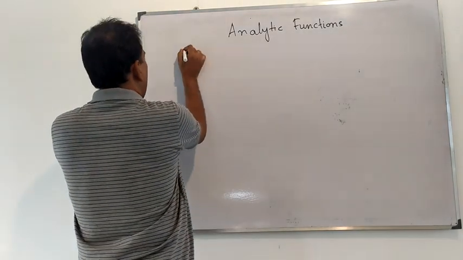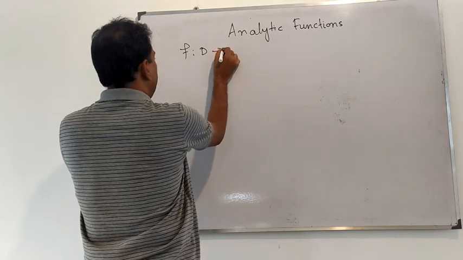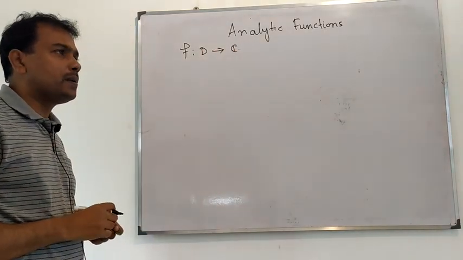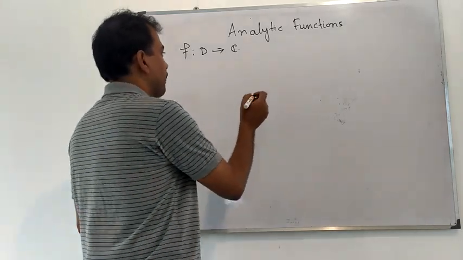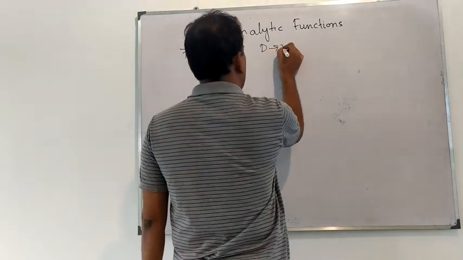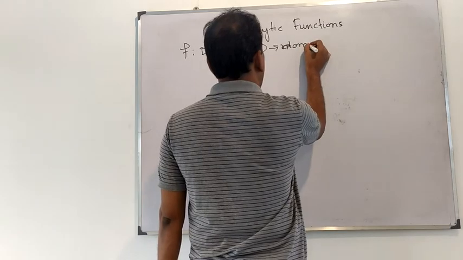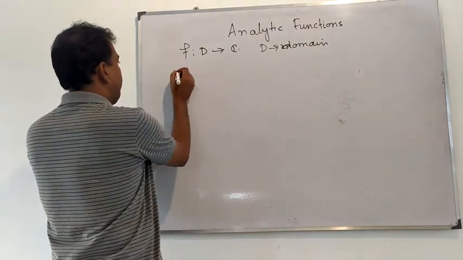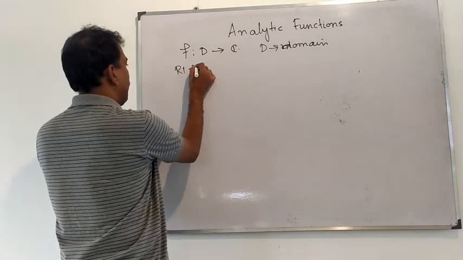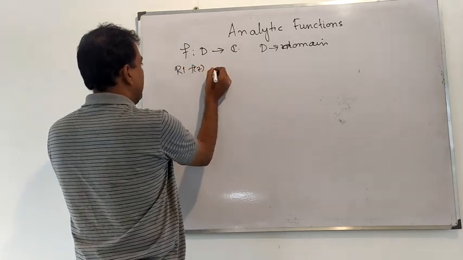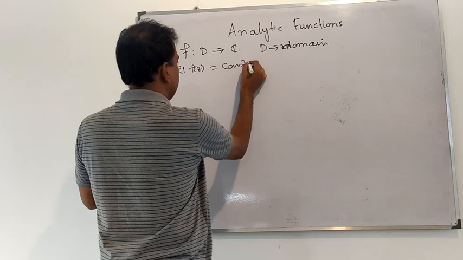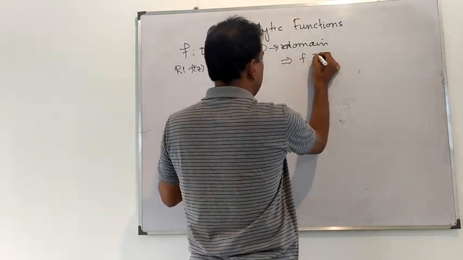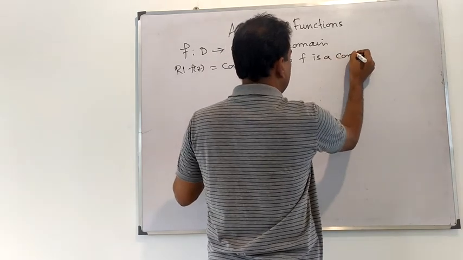Suppose f from D to C is an analytic function where D is a domain, and if the real part of f(z) is equal to a constant, then f is a constant function.